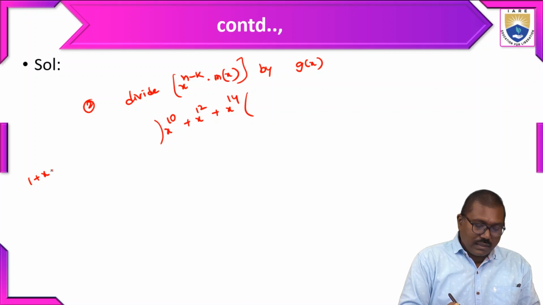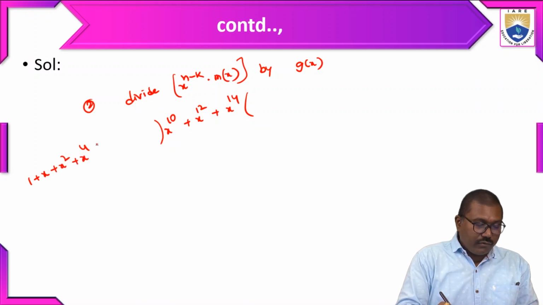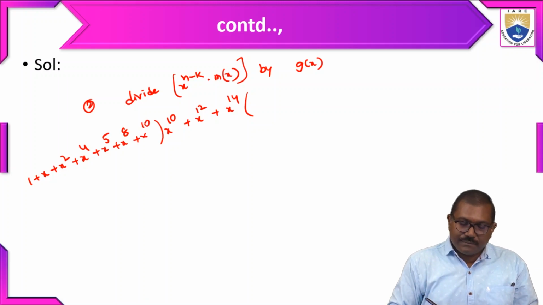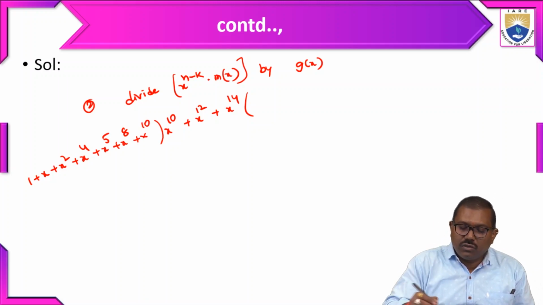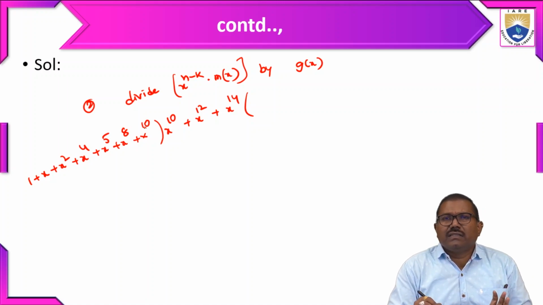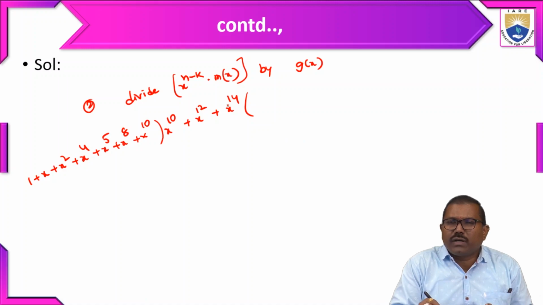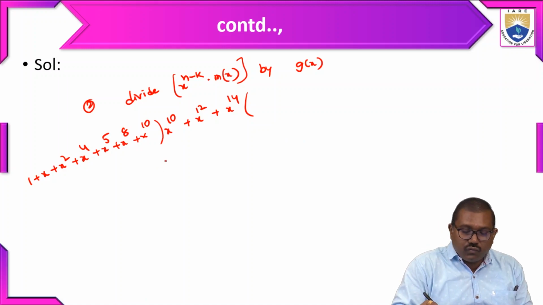G of x is 1 plus x square plus x to the power 4 plus x to the power 5 plus x power 8 plus x power 10. So here 10 is the highest degree, whereas here it is 14. So how many times? 4 times.